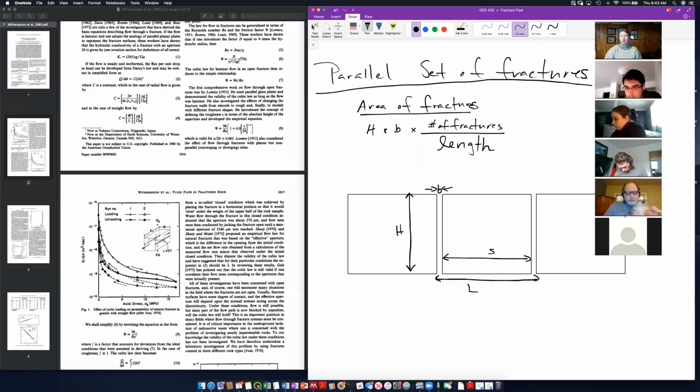The number of fractures we have per unit distance times the area of one fracture would give me the total area of fractures in my fracture network.